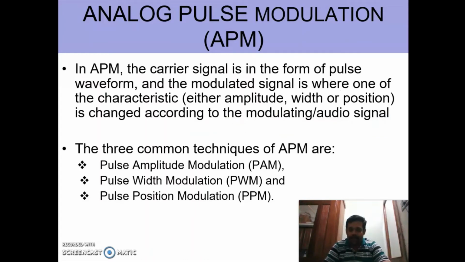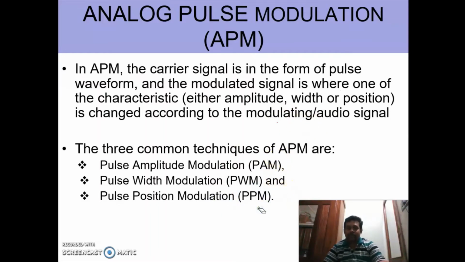If you are varying the amplitude of the carrier with respect to the modulating signal, then it is pulse amplitude modulation. If you are varying the width of the pulse with respect to the modulating signal, then it is pulse width modulation. If you are varying the position of the carrier with respect to the modulating signal, then it is called pulse position modulation.